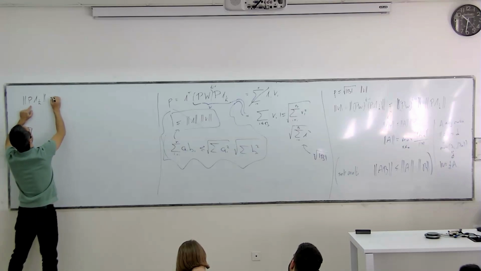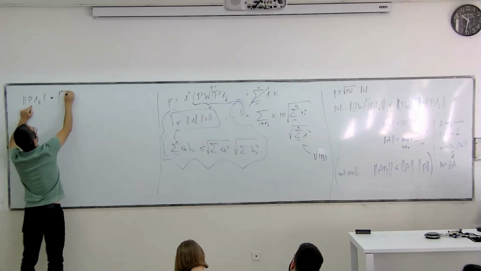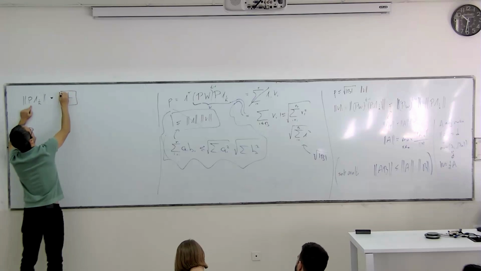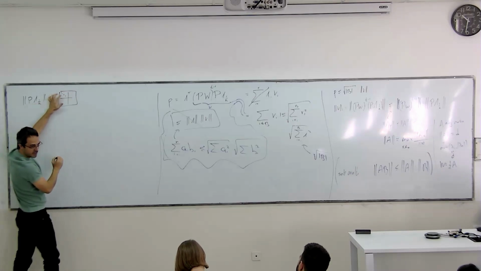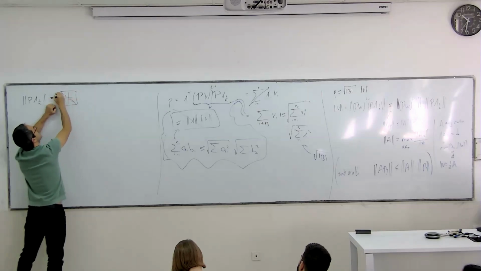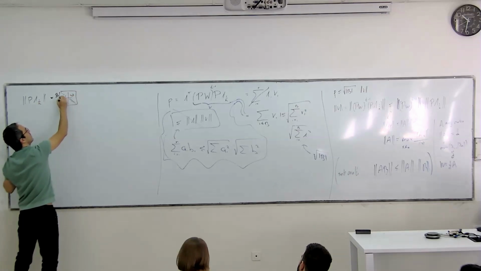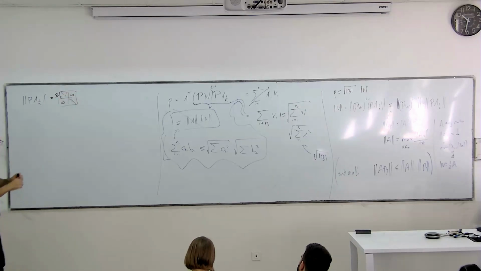P is this matrix that has 1 at the diagonal corresponding to vertices in B and 0 otherwise. That's P, that's how we defined it last time. So these are the B vertices, and this is the rest of the vertices. And of course, 0 otherwise. It's just a block matrix. Diagonal blocks 1 and 0.